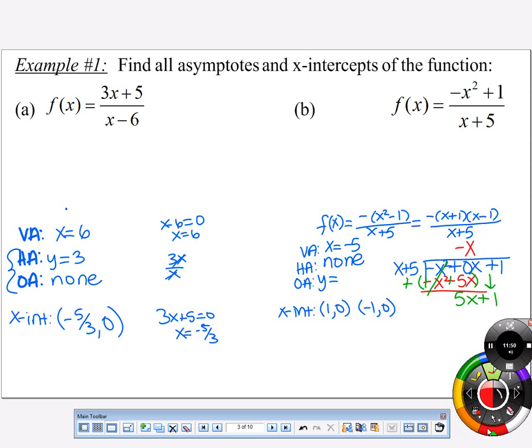And then you start over and you ask yourself the same question again. What would I want to multiply times x so it looks exactly like 5x? So what would the answer be? 5. So positive 5. And then you actually take that positive 5 and multiply it through x plus 5. So 5 times x is 5x. And 5 times 5 is 25.